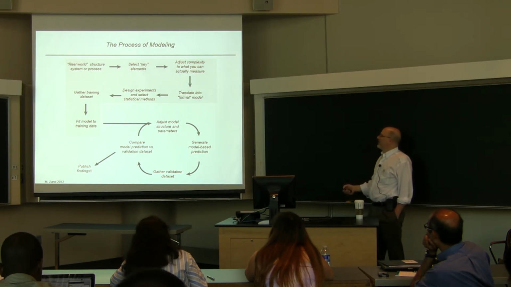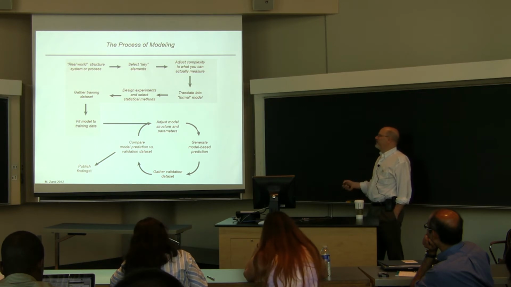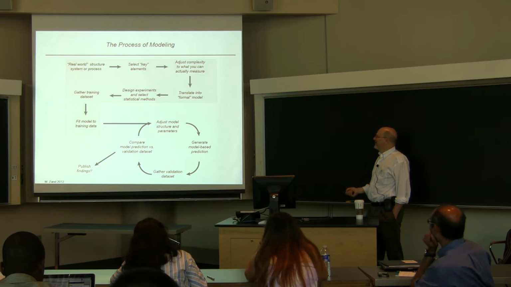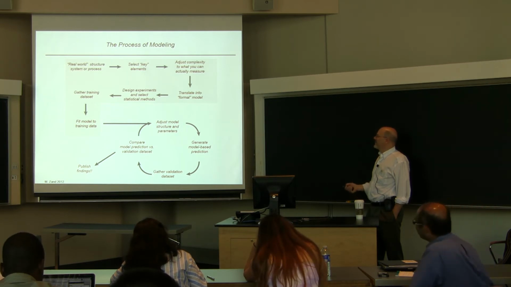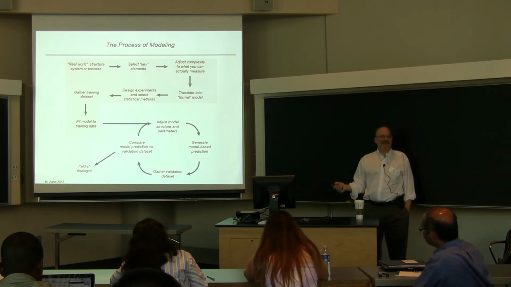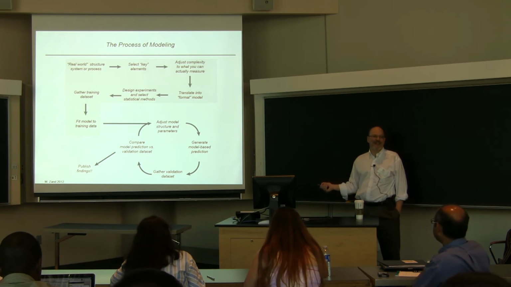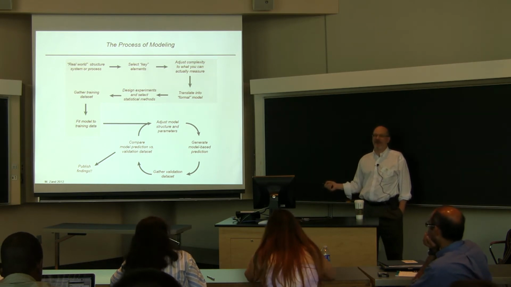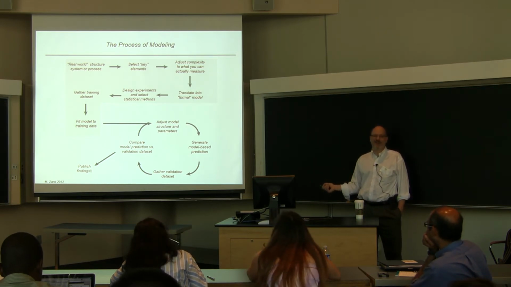Okay. So you fit the model to the training data, and you know, here's the part where you bang your head against the wall and smile when it actually works. You adjust the model structure and parameters. Okay, maybe you left something out. You don't have the right parameters. The model structure is wrong. It doesn't work the way it should.